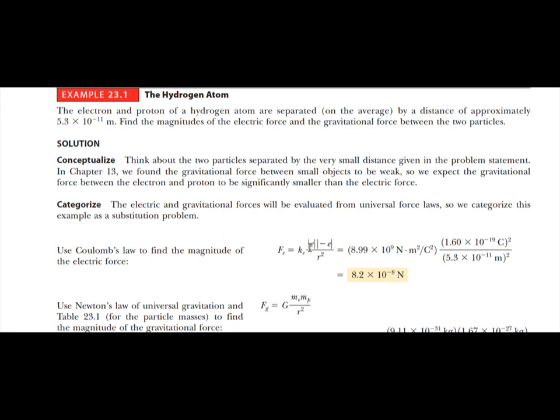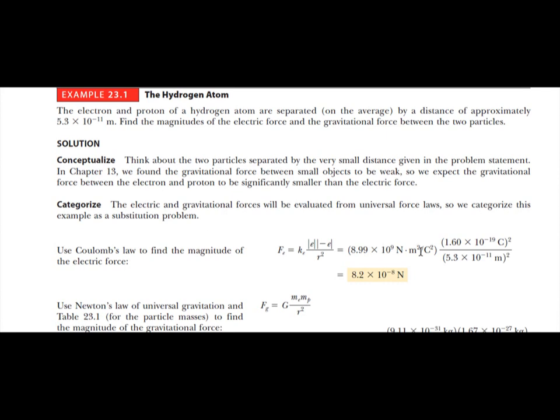When you talk about the charges, F is equal to K e e over r squared, where K is Coulomb's constant.